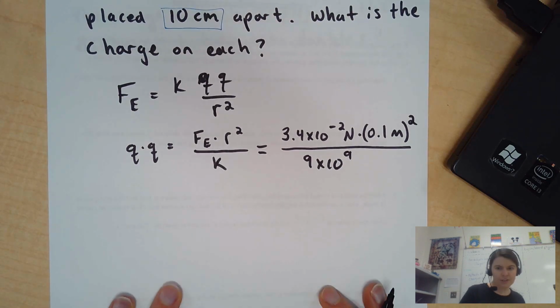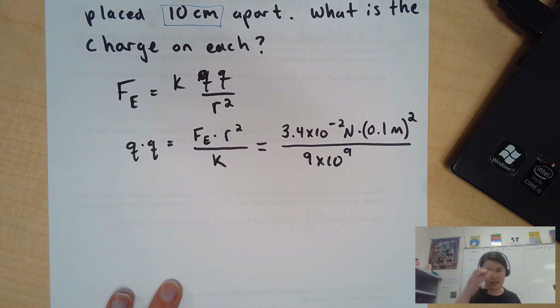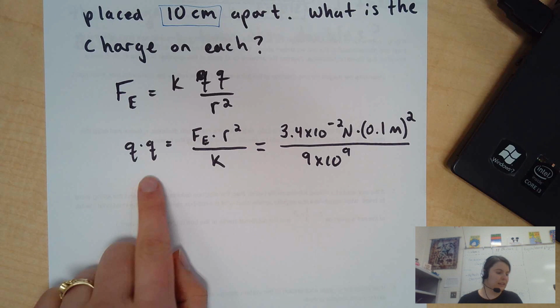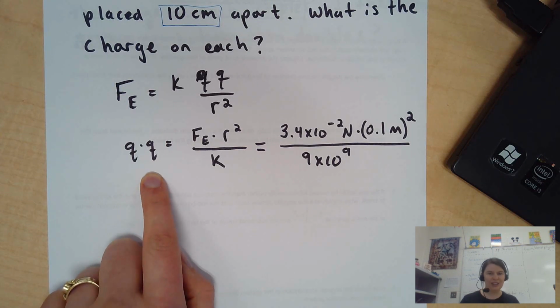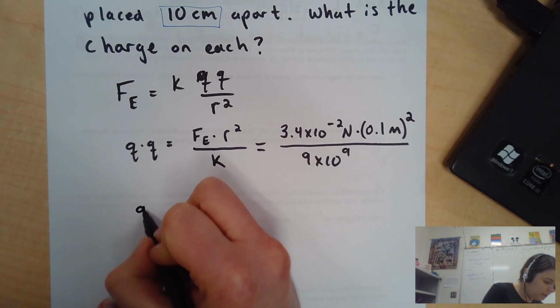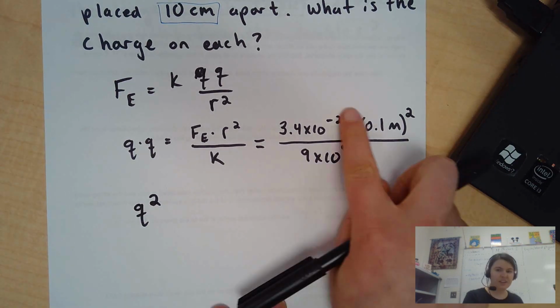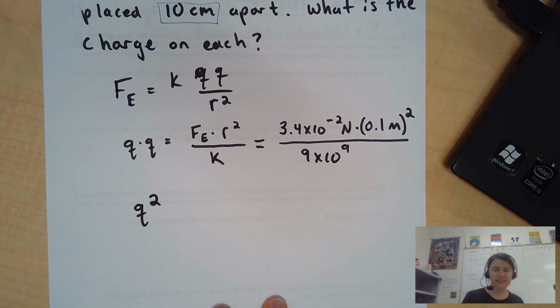Okay. I leave that to you as an exercise to simplify in your calculator, because what I'm more interested in is how do we get the charge of just one object? We have Q times Q, which, if you remember from your math class, is the same thing as Q squared. So when you simplify this, the next step for you to do is to take the square root.